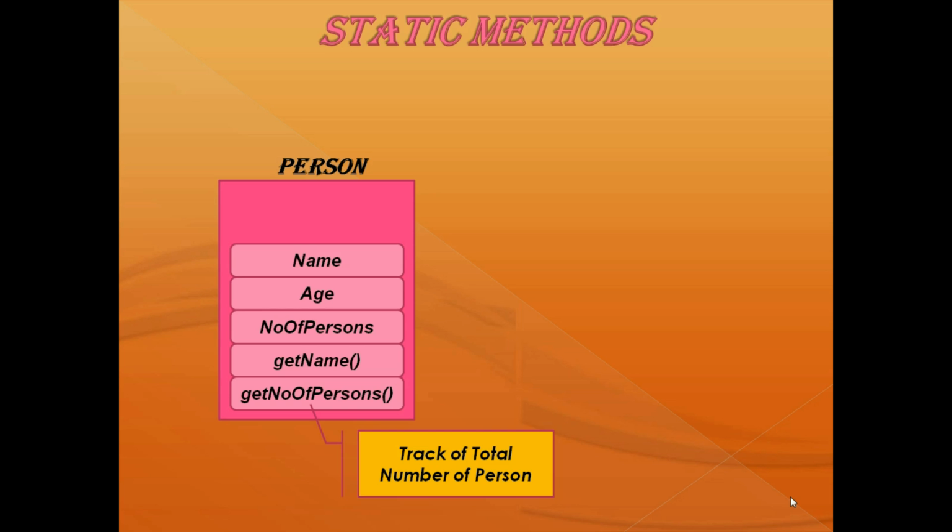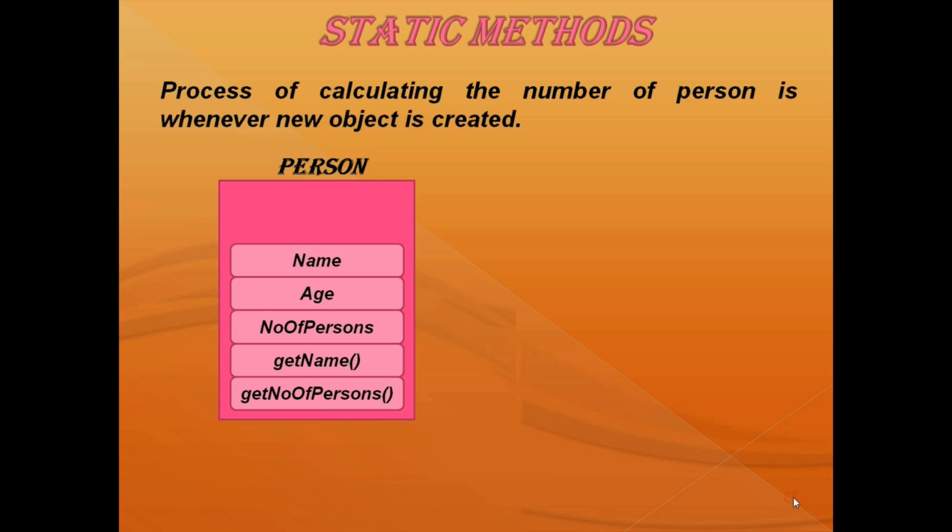Now let me tell you exactly the process of calculating the number of persons: whenever a new object is created. Here, let's say Michael is an object of the class Person, which has the name, age, number of persons variables and the method getName to return the name of the person, like Michael.